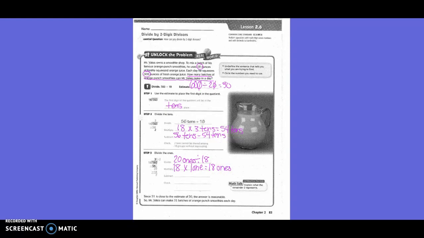Then they subtracted 21 minus 18 ones. And then they had 2 ones that cannot be shared among 18 groups.